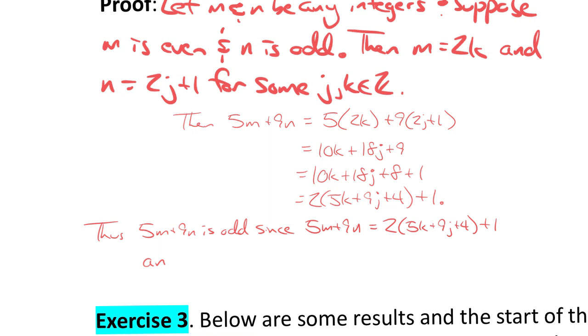And that stuff that we had inside the parentheses there, 5k plus 9j plus 4, that's going to be an integer. That is, 5m plus 9n is 2 times some integer plus 1.